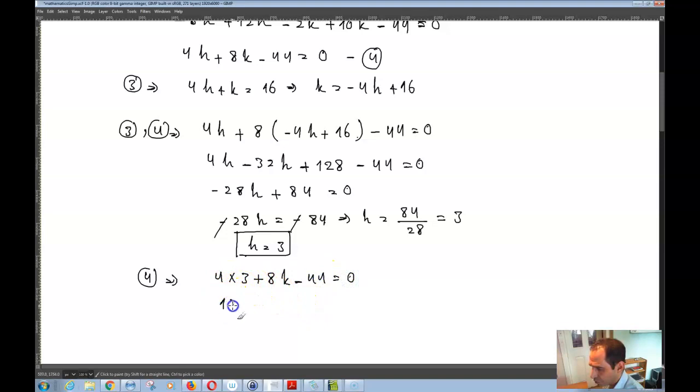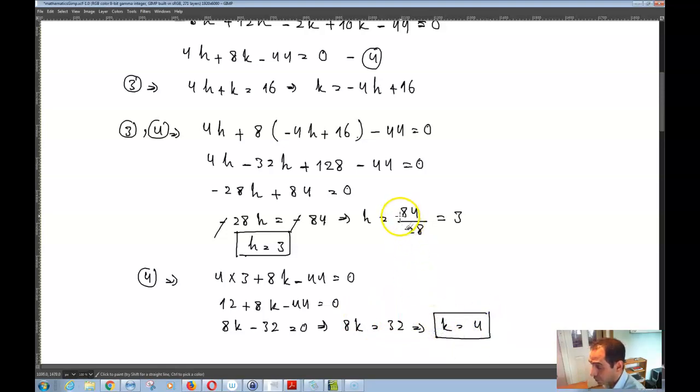That is 12 plus 8k minus 44 is equal to 0. Negative 44 plus 12 is equal to negative 32, so 8k minus 32 is equal to 0. That means that 8k is equal to 32, and k is equal to 4. Your k is equal to 4.